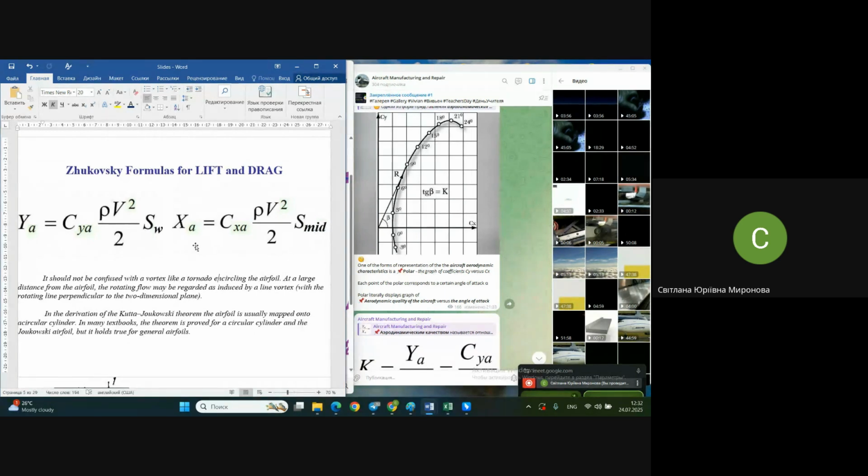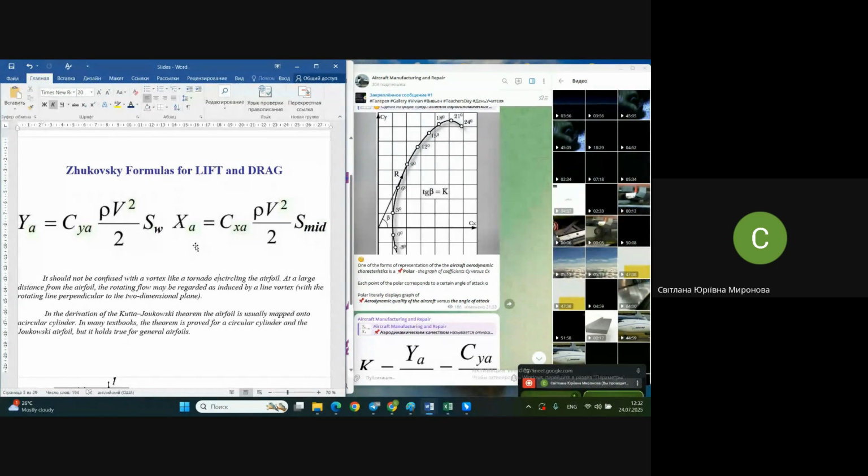We have some overall sizes of the wing, and this combination of wing sizes, wing shapes, wing as a whole shapes, they are also important, and they affect the aerodynamical characteristics of the airplane as a whole.